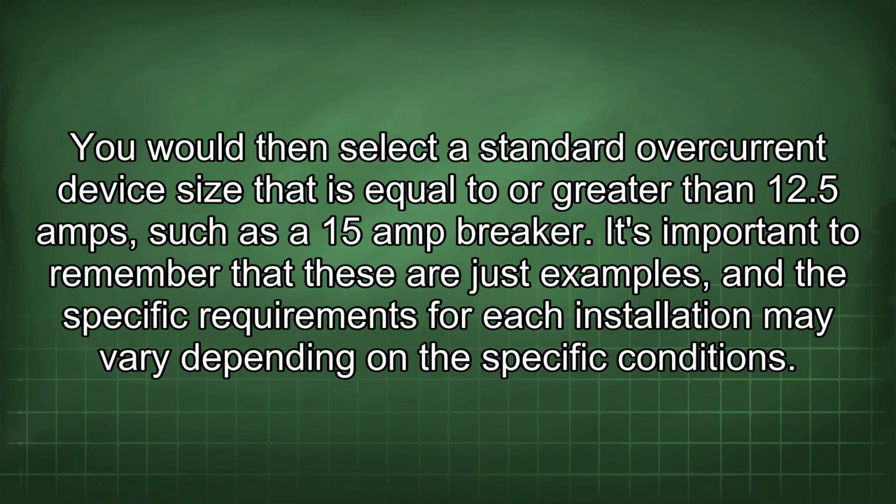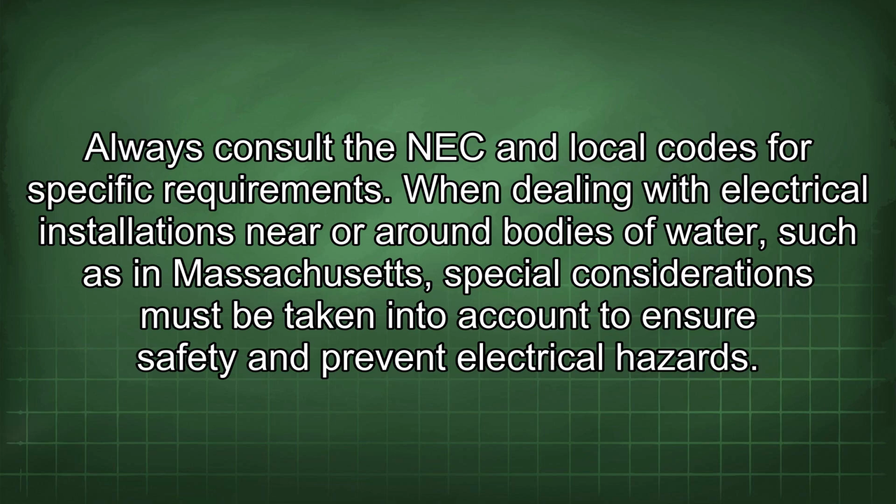You would then select a standard overcurrent device size that is equal to or greater than 12.5 amps, such as a 15 amp breaker. It's important to remember that these are just examples, and the specific requirements for each installation may vary depending on the specific conditions. Always consult the NEC and local codes for specific requirements.